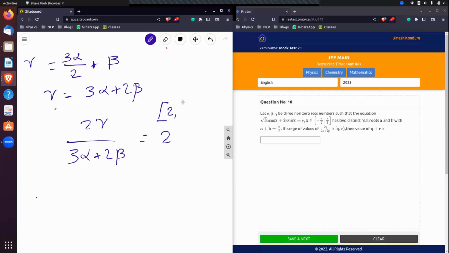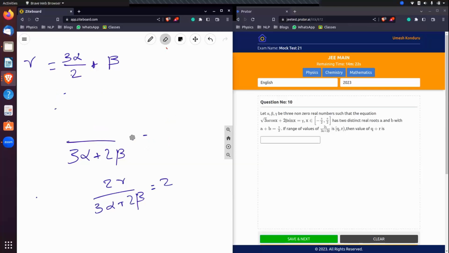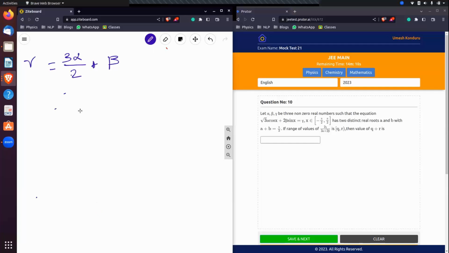I mean, I'm not sure why they've called this an open interval. But yeah, so I'm not really going to answer this question, but 2 gamma by 3 alpha plus 2 beta will be equal to 2, if pi by 6 is the only solution, because I guess the function must be.